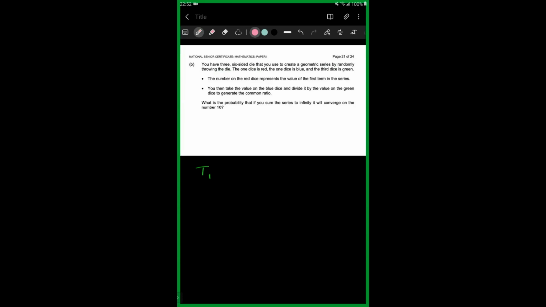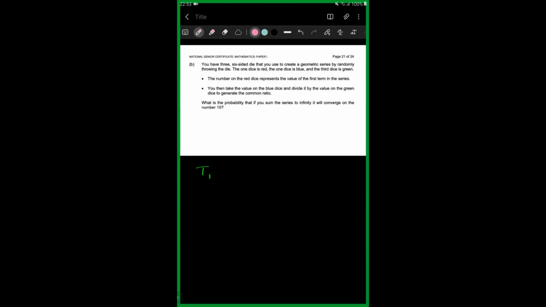And then what we do know is the second number is going to be generated by taking the value of the blue die and dividing it by the value of the green die to generate the common ratio.